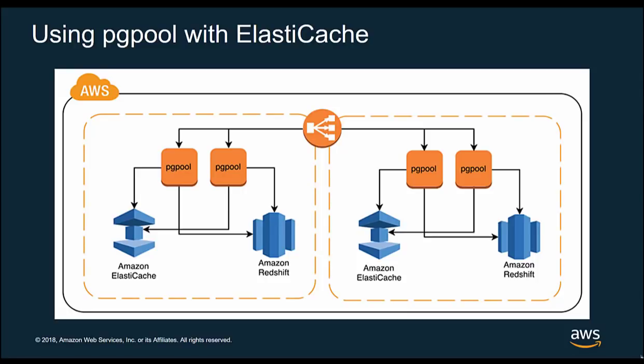And so if you have an application that needs to query a data warehouse, but you want to be able to enable more users to access that data warehouse, then using an architecture like this where you have pgpool in front of it that will cache those results in ElastiCache, especially since you know that the values in a data warehouse change very slowly, it's likely that you're going to get a very high cache hit ratio when you're hitting ElastiCache, and it will offload a significant amount of work from your data warehouse, in this case, Redshift.